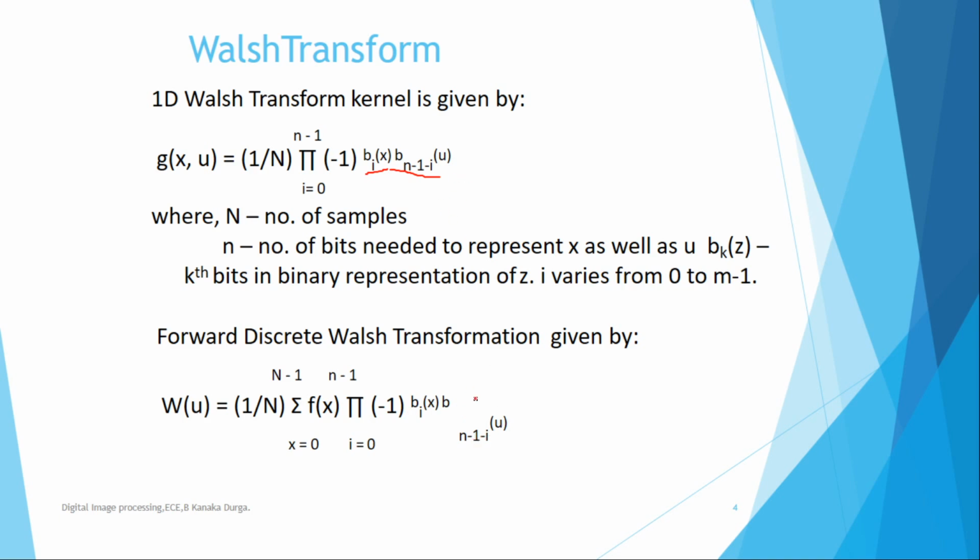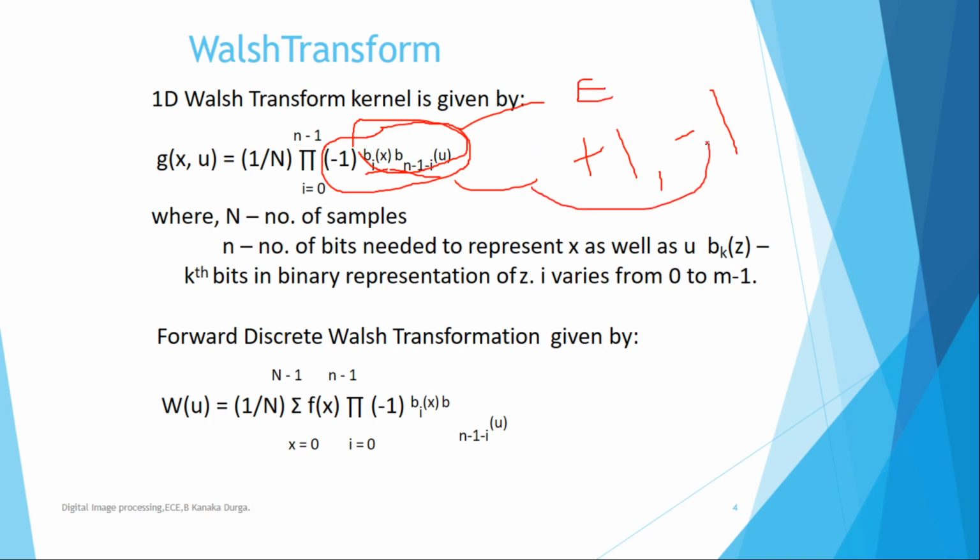In both scenarios, the resultant value should be either plus 1 or minus 1. If the power of the resultant value is even, we get plus 1. If it is odd, we get minus 1. So anyhow, the basis kernel function has values of plus 1 or minus 1.